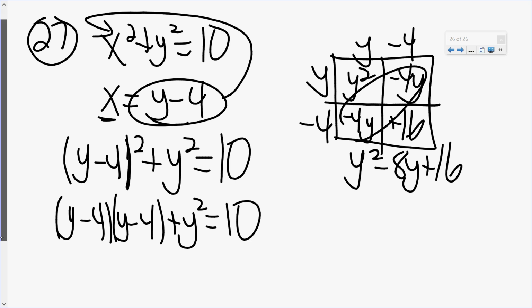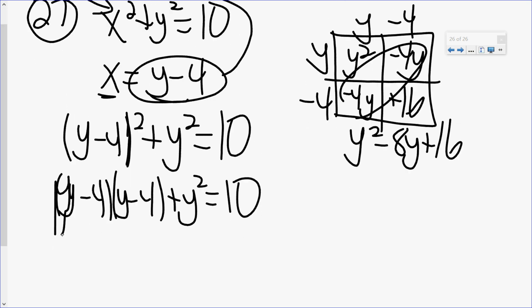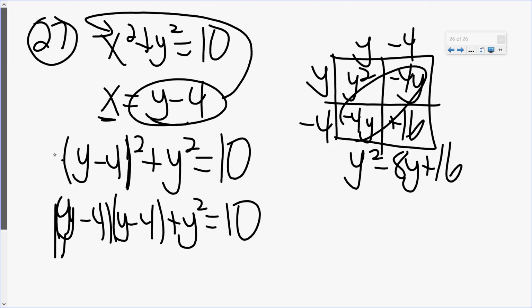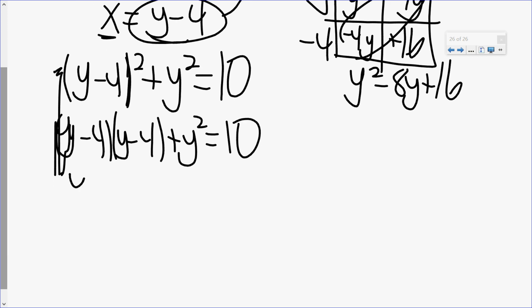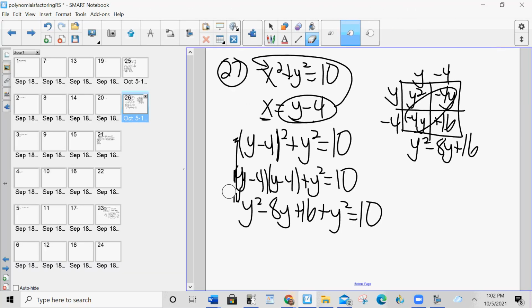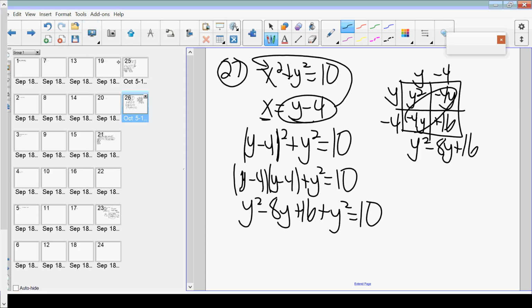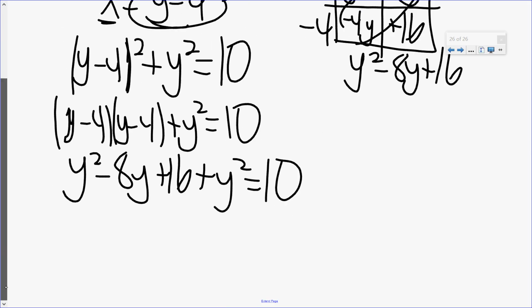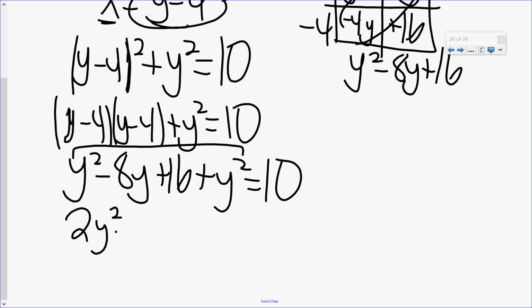So now I can replace that with y squared minus 8y plus 16 plus y squared equals 10. And just erase that. My trackpad is being a little temperamental. Now I combine like terms. Y squared and y squared is 2y squared.